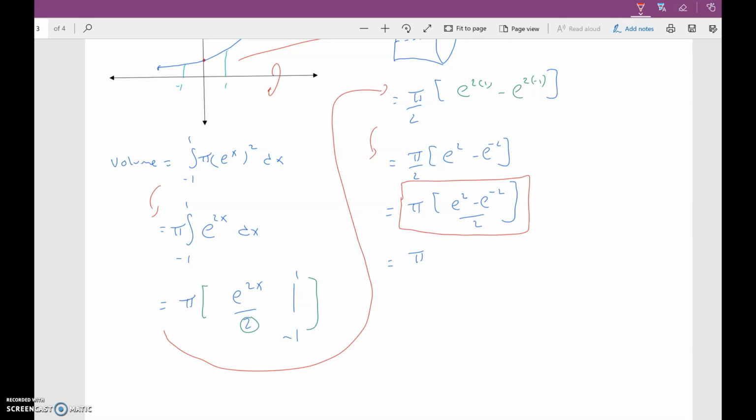This one, it's the sinh of 2. Let me double check. It's actually the sinh function.